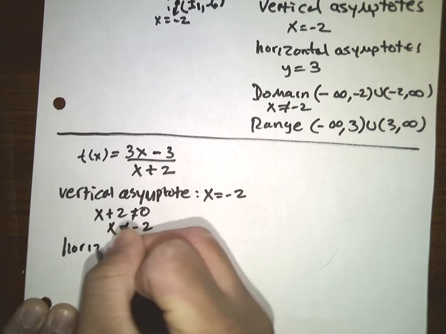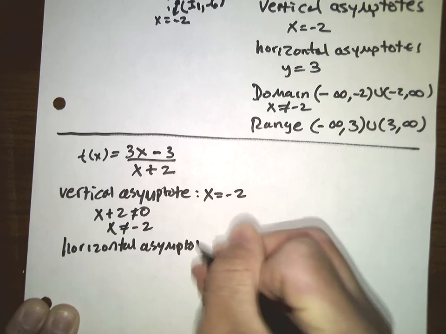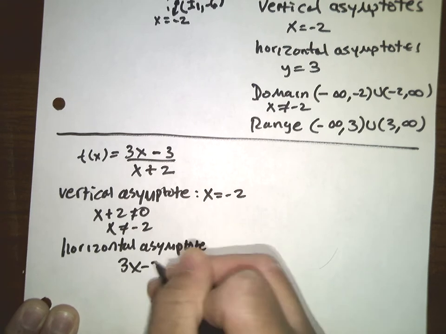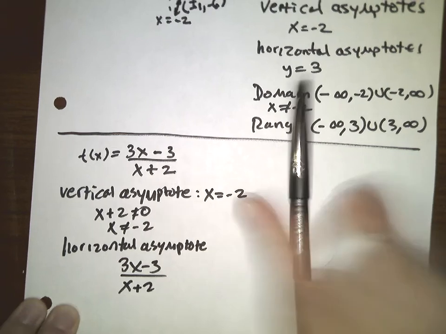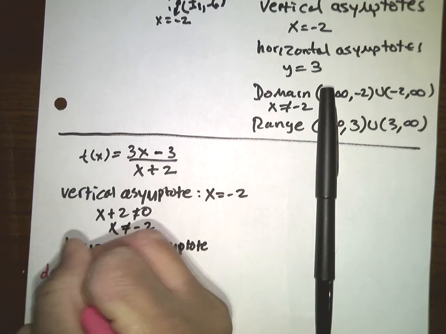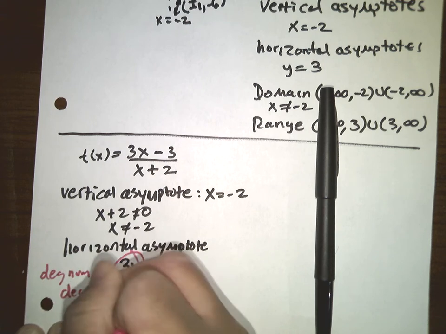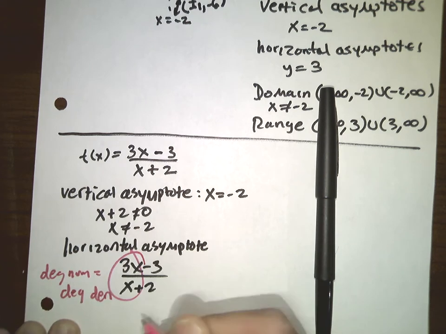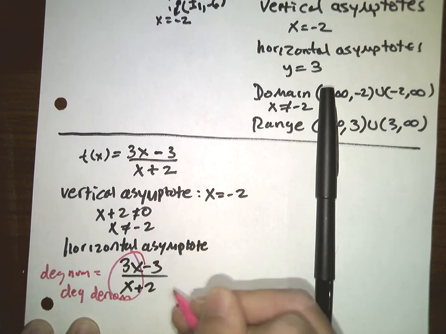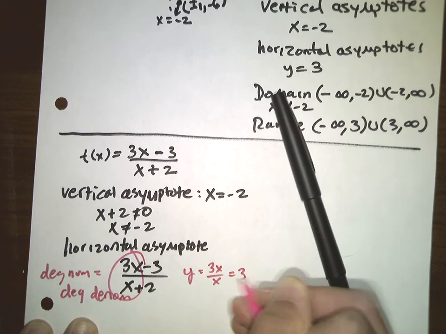The horizontal asymptote is going to be the ratio of the leading terms here, because the degree of the numerator equals the degree of the denominator, right? So I know that y is 3, x over x is 3.